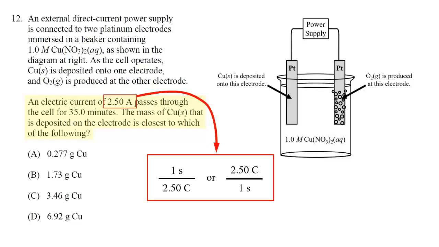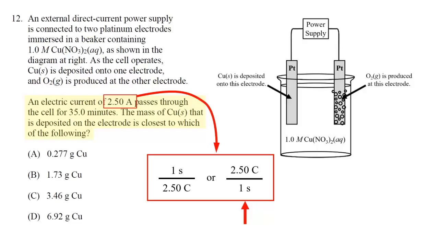Now, because we're starting with time, I'm probably going to go from minutes to seconds, and then I would want to put seconds on the bottom. So I'm anticipating that I'm going to use this version of the conversion factor that puts coulombs on top and seconds on the bottom, but we'll go ahead and see how that works out.